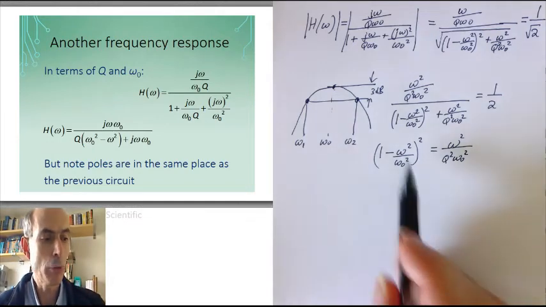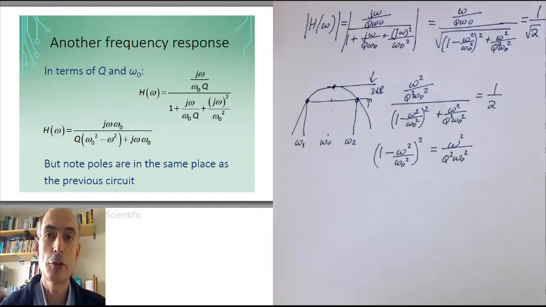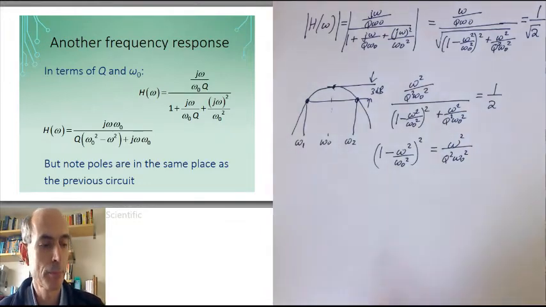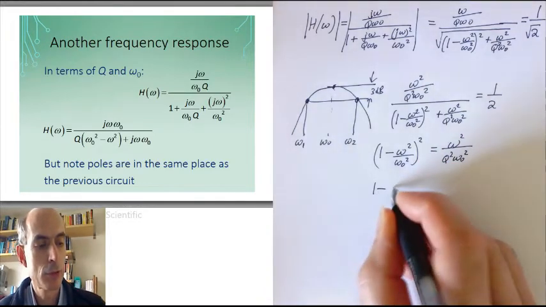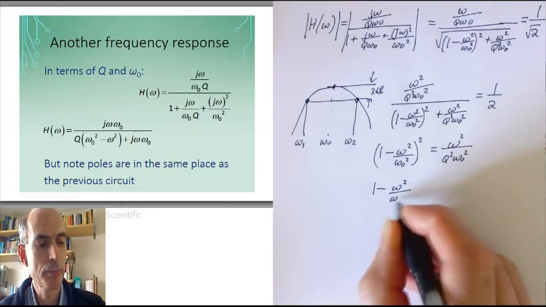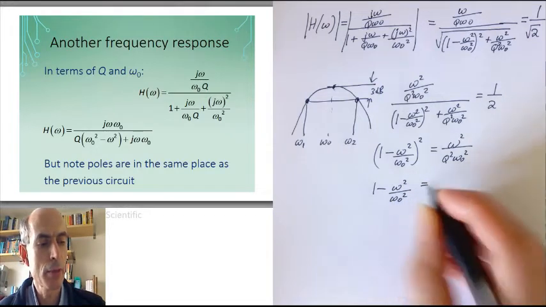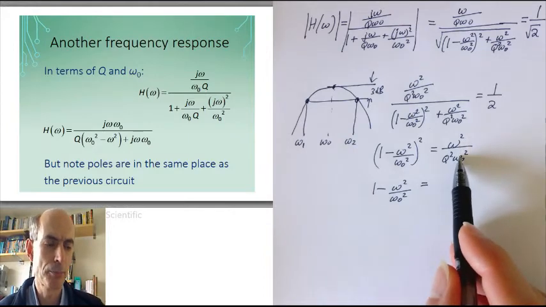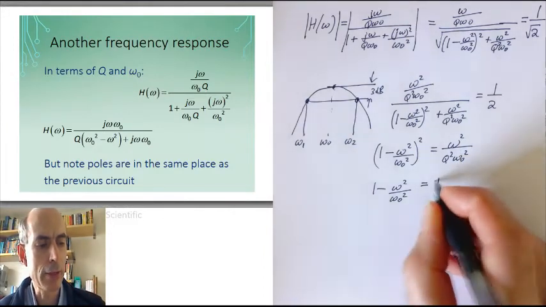Now, both sides of this expression are perfect squares, so I can simplify by just taking the square root. It's not quite as simple as that, because I have to be aware that I don't know whether I want the positive or the negative square root yet. So I'll just leave that in for now.